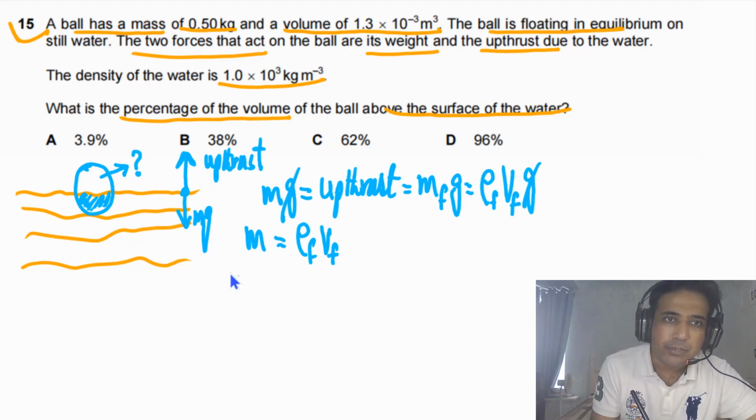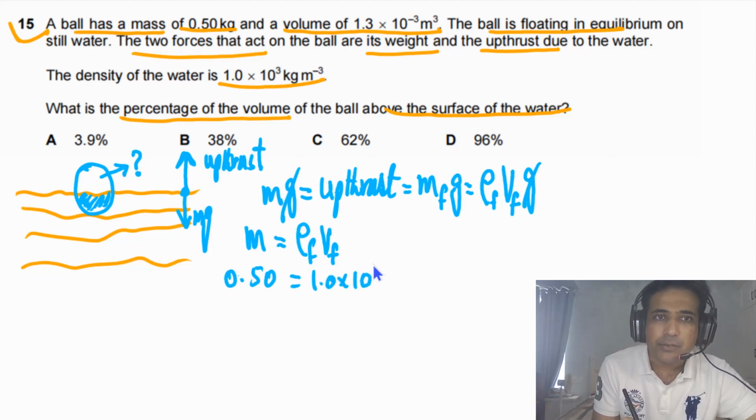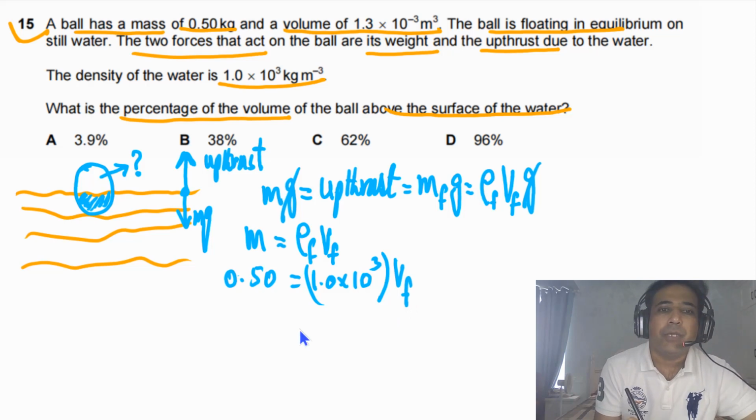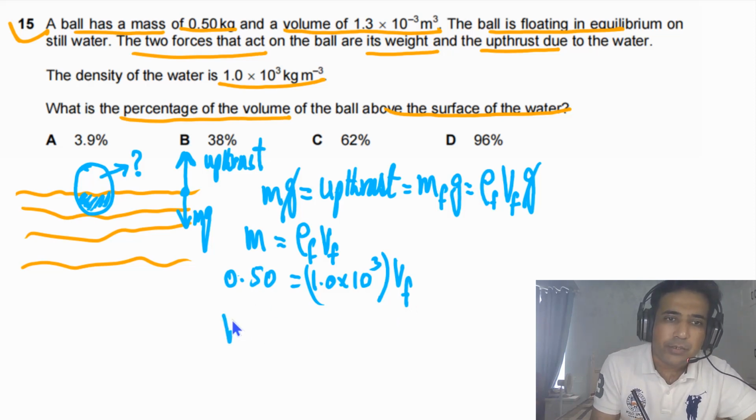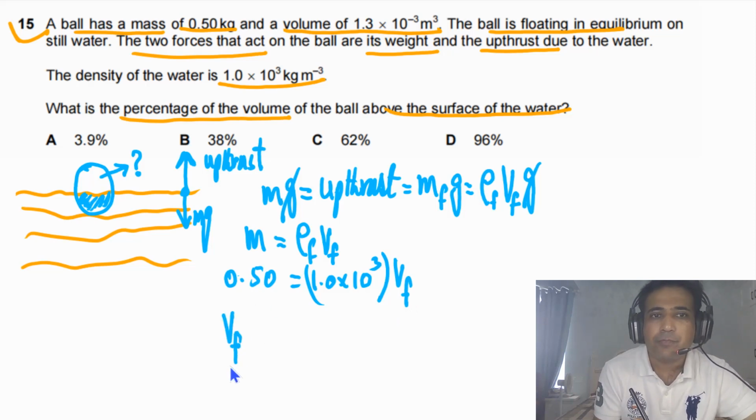So we write the mass of the ball, 0.50, and the density of the fluid, 1.0 times 10 to 3 kg per cubic meter, and here we have the volume of fluid. So we can find the volume of fluid displaced.